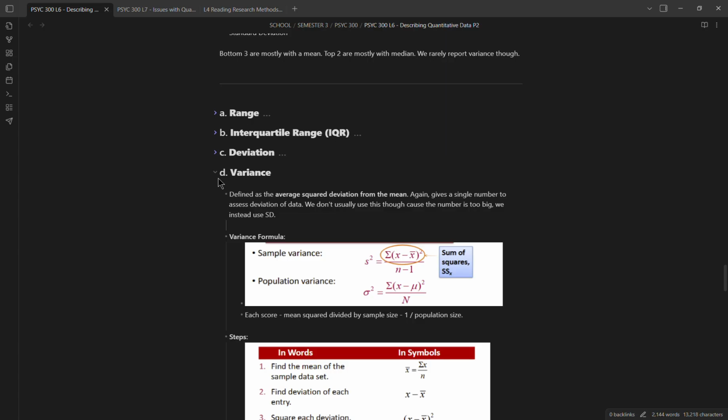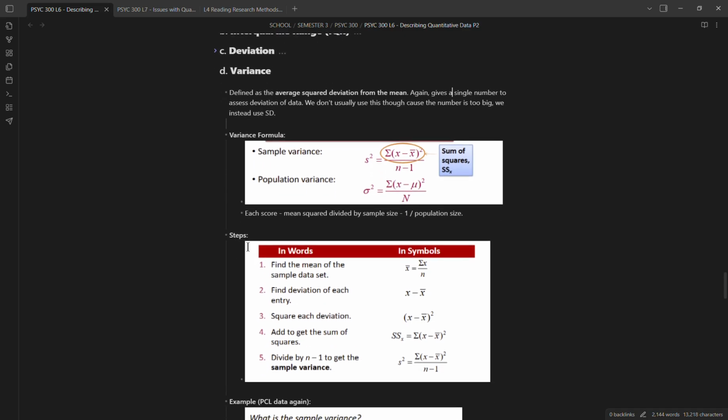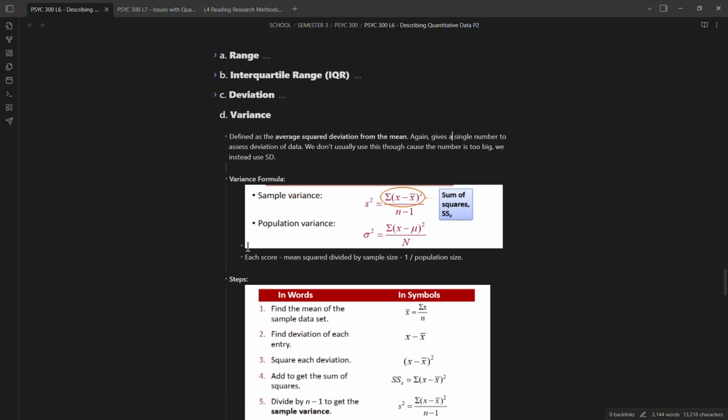It's our sigma notation times our deviation for each entry, all of that squared, divided by the number of values minus 1. That one formula, the sigma notation times our deviation squared, is called the sum of squares.